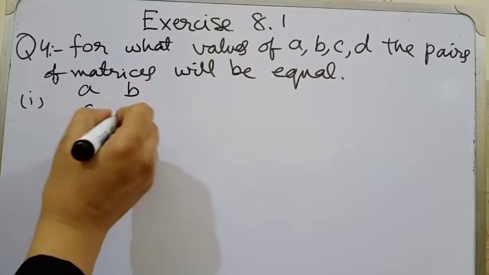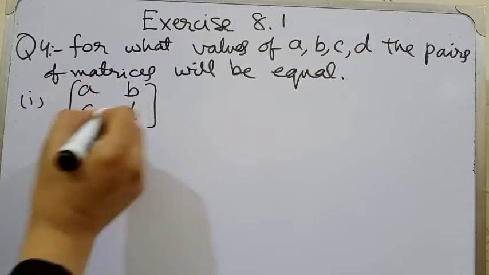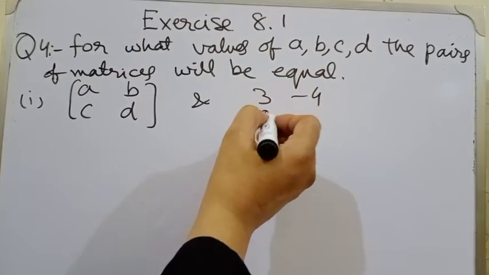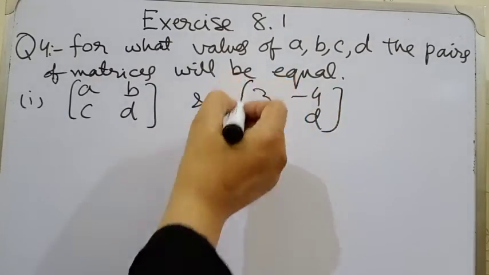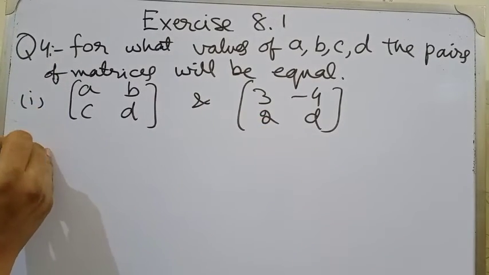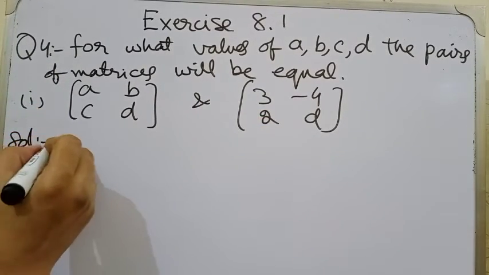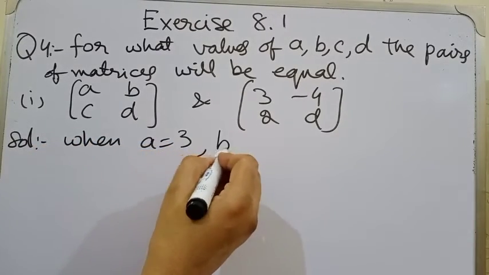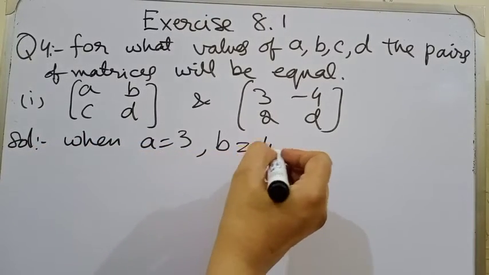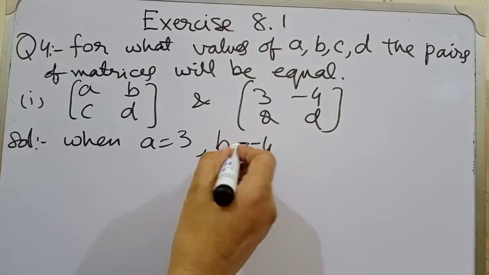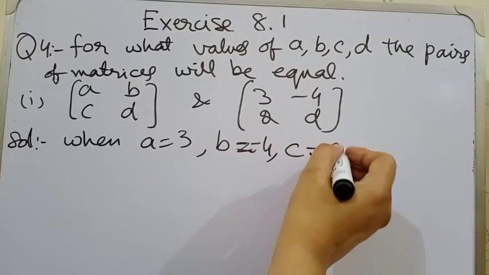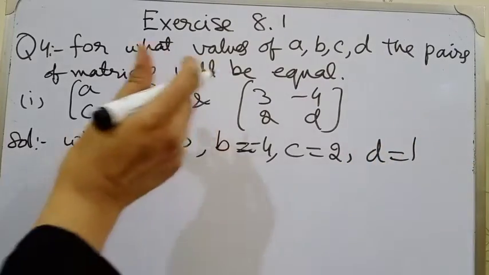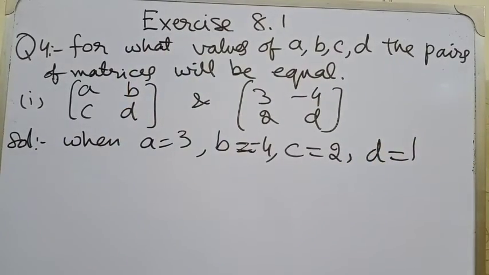A, B, C, D and 3, minus 4, 2 and D. Solution: when A is equal to 3, B is equal to minus 4, C is equal to 2 and D is equal to 1, the 2 pairs are equal.